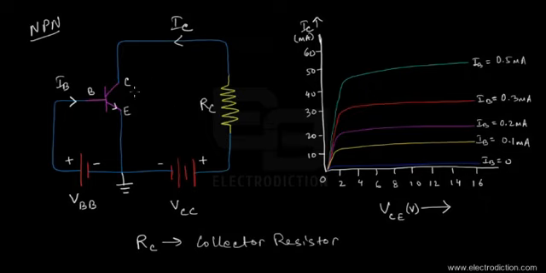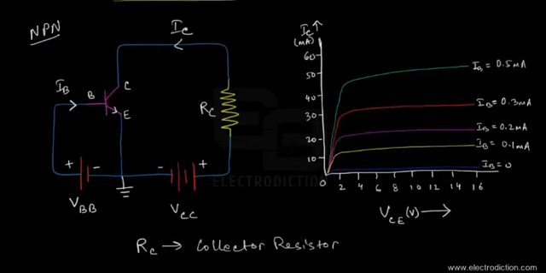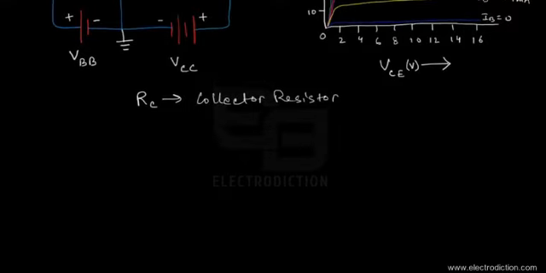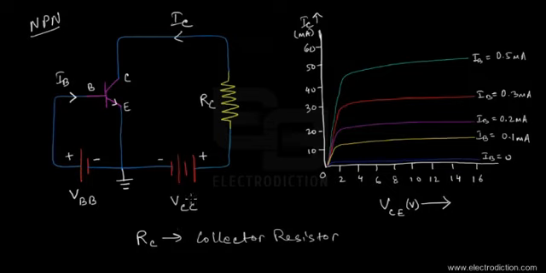Assuming that it operates in the active region, we can write down an equation for the output loop of this circuit using KVL. If we apply KVL here, we can get the output loop equation. You can see that this voltage source gives us the entire voltage supply for the output loop.